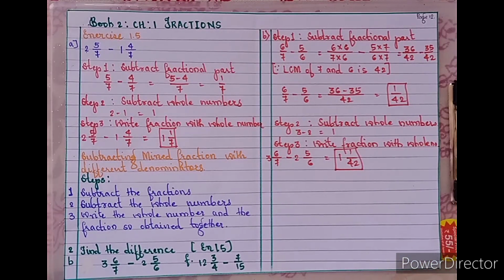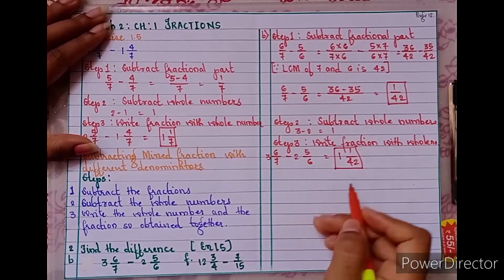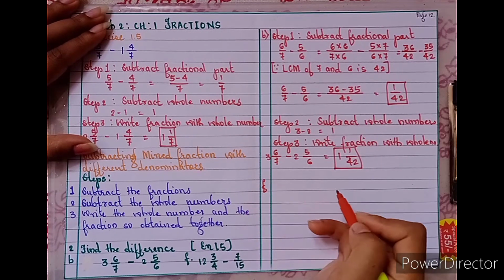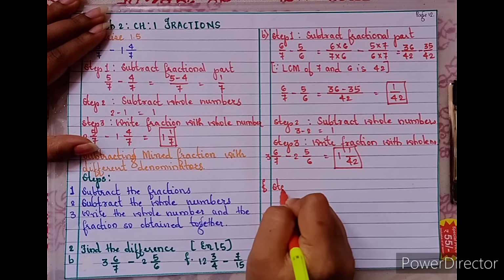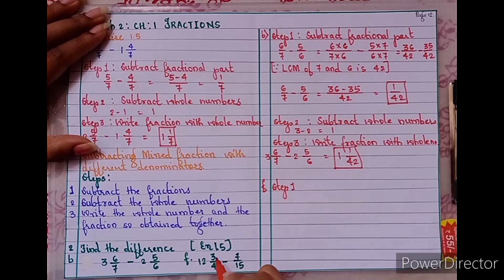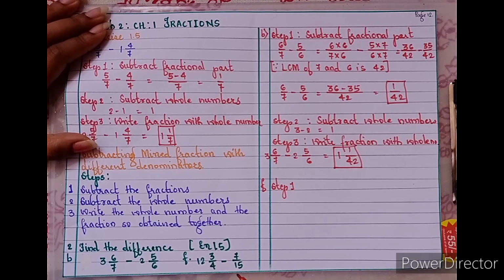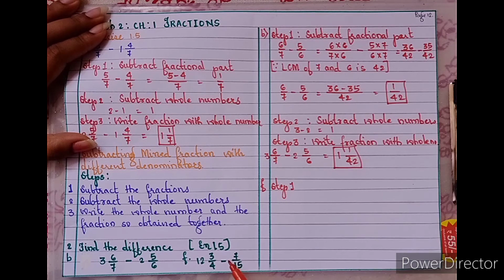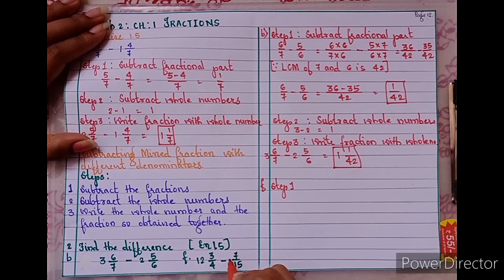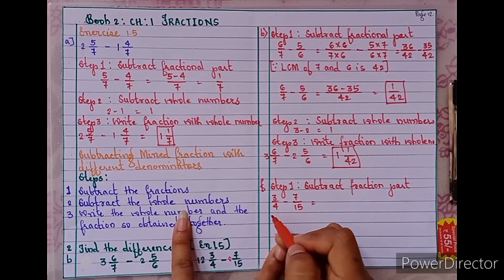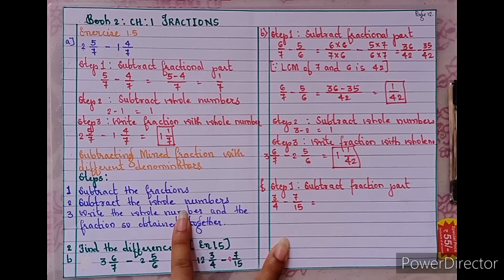Let's write the next example, that is F. We'll solve example F. Step 1: Subtract fraction parts. And if you see, children, here the next fraction does not have a whole number, so we have to consider this as a 0. Now the LCM of 4 and 15 is 60.